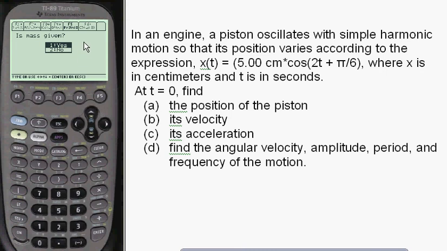Is a mass given? No. But I'm going to show you here, I'm going to say that it is given. Some problems it is. So we're going to put alpha 8, for instance, and kilograms.